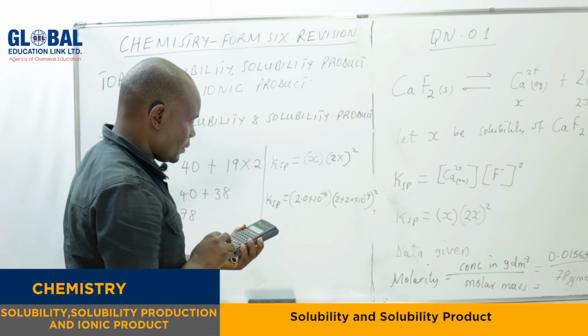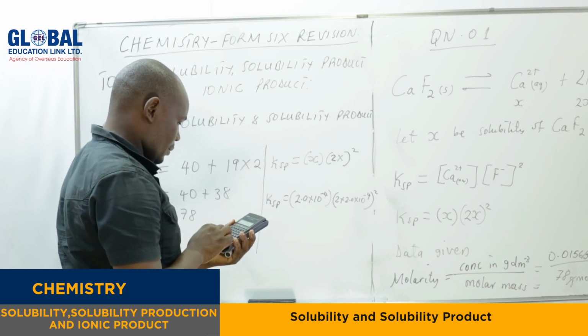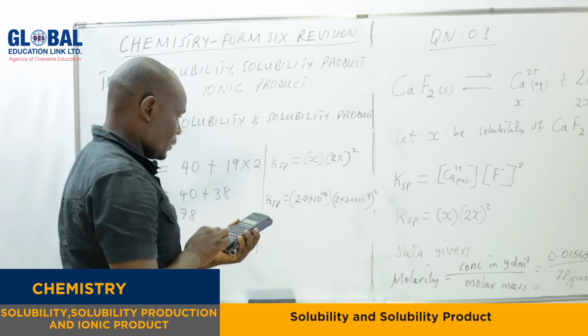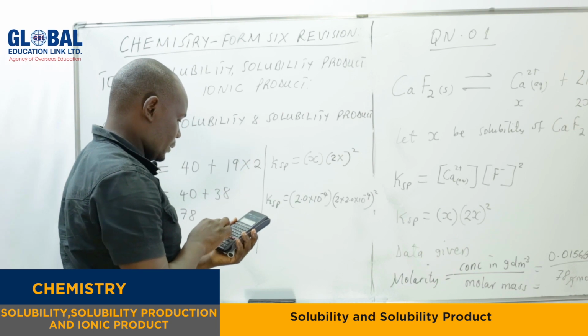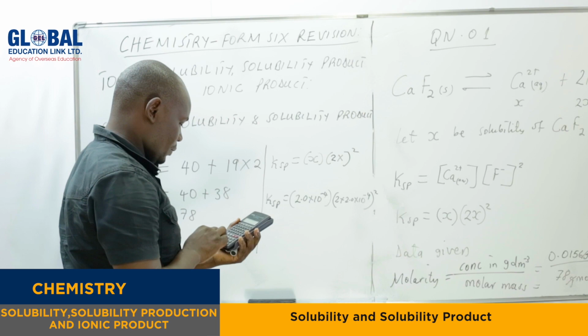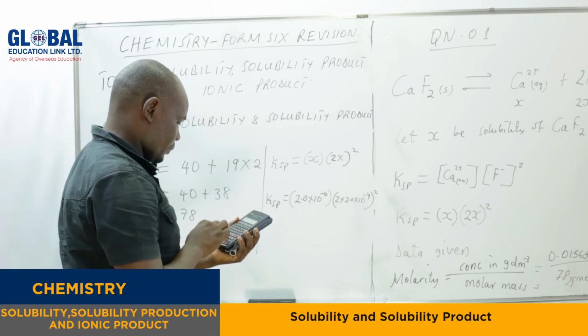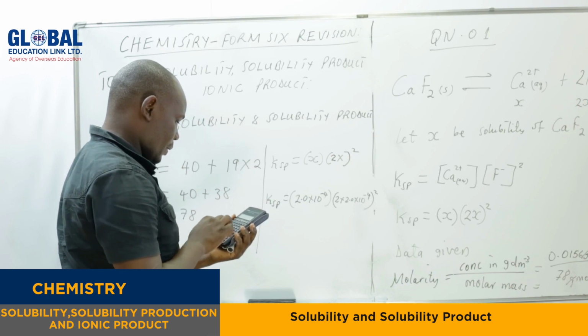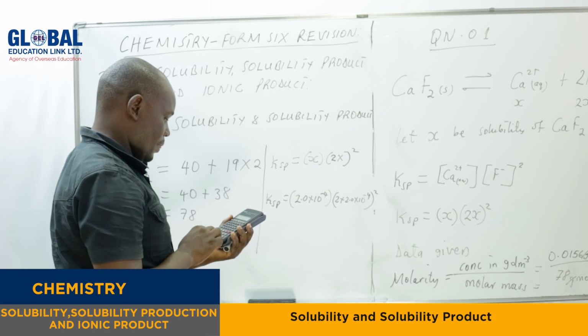Then 2 times 2 is equal to 4 exponent negative 4, and 2 times 2 exponent negative 4. Then this one is squared.